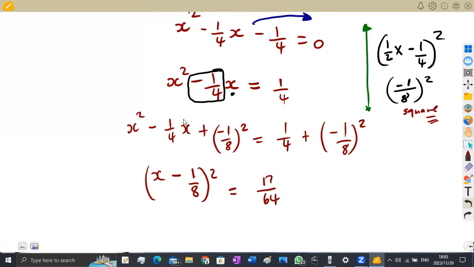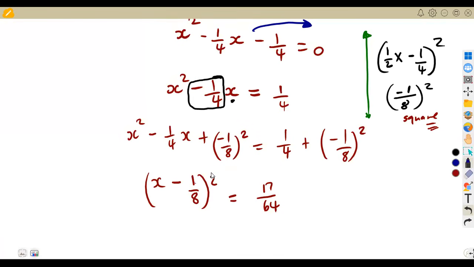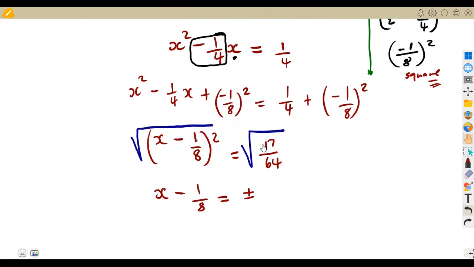So how can we solve for x now? As you can see, we've got the square on this side, and we talked about removing the square by introducing the square root. So this will be the square root this side, the square root this side, and we remain with x minus 1/8, which is equal to, knowing that the square root of any number is a plus or minus, whatever that you're going to determine here is going to be a plus or minus.